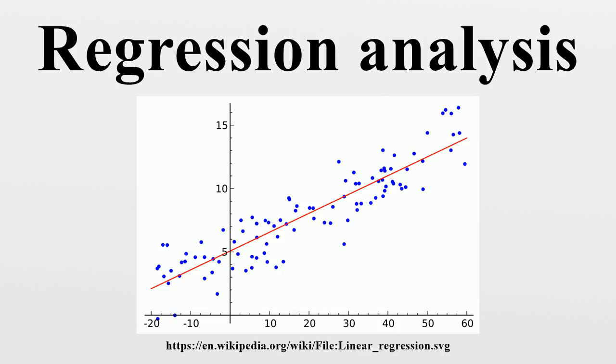The most common situation is where n greater than k data points are observed. In this case, there is enough information in the data to estimate a unique value for beta that best fits the data in some sense, and the regression model, when applied to the data, can be viewed as an overdetermined system in beta.